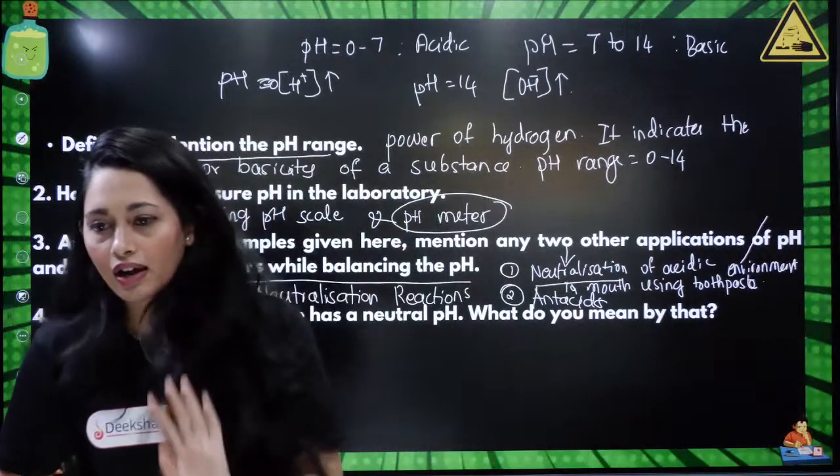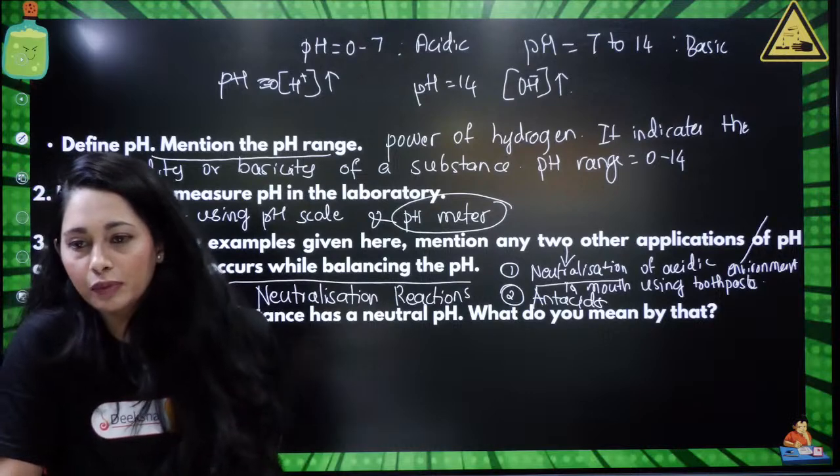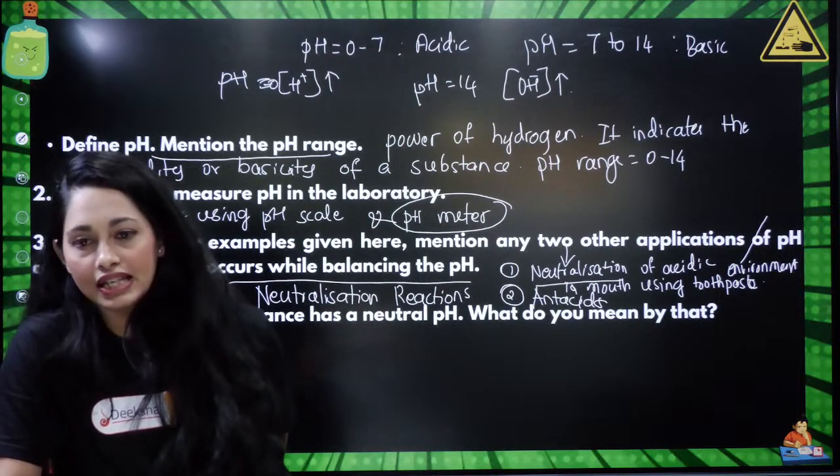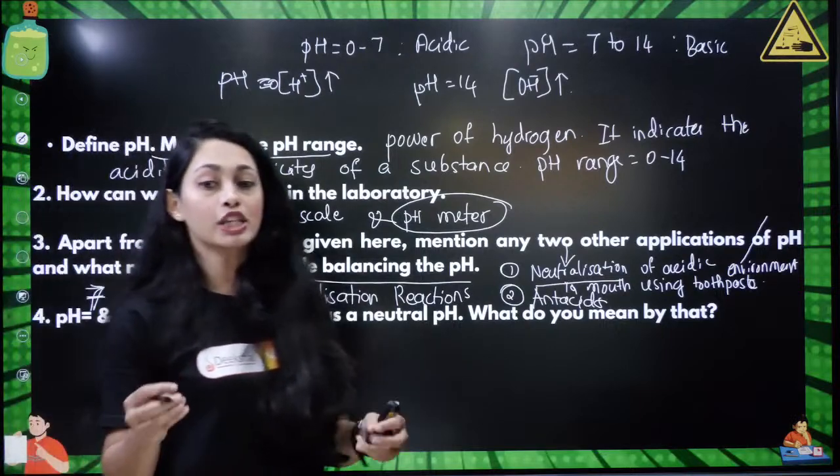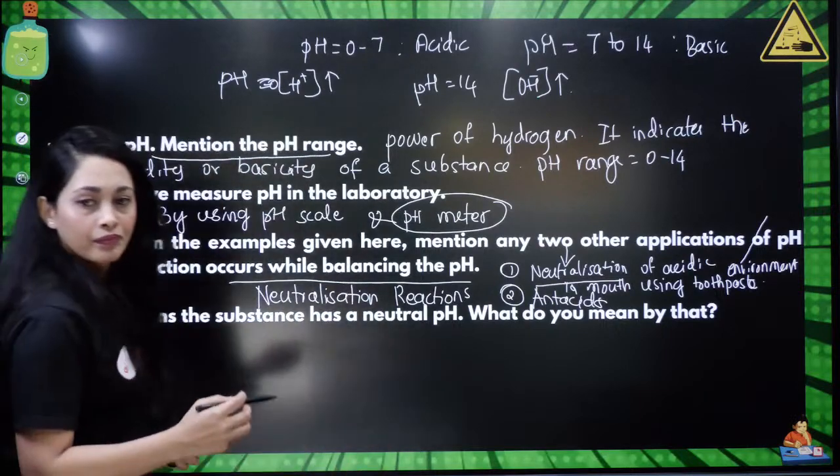Pure water, yeah. A substance has a neutral pH when the pH value is equal to 7. Yeah, that is right. But what can you say about H plus and OH minus ions?